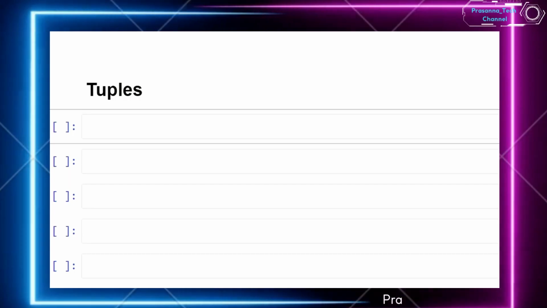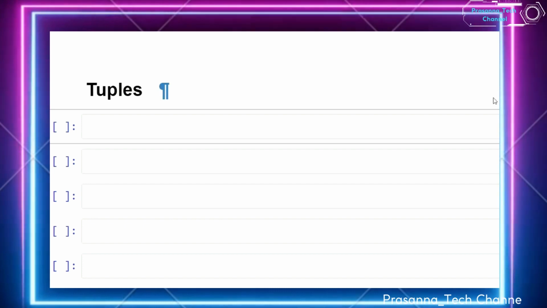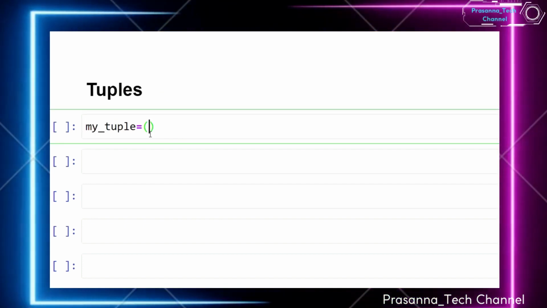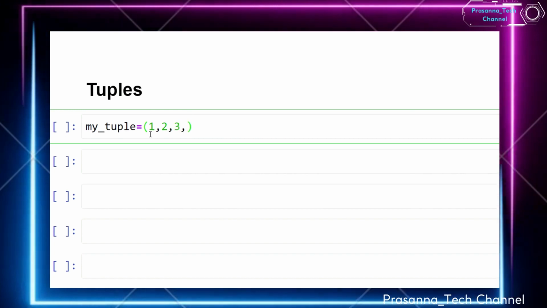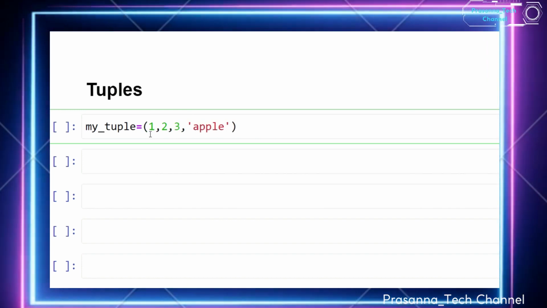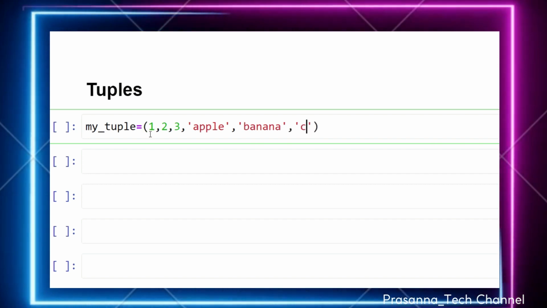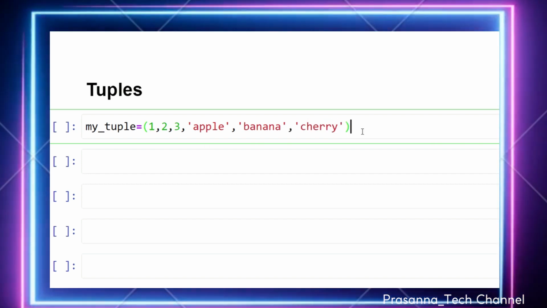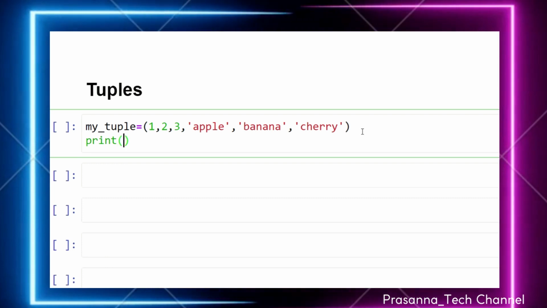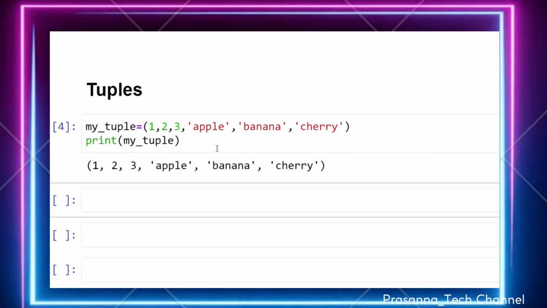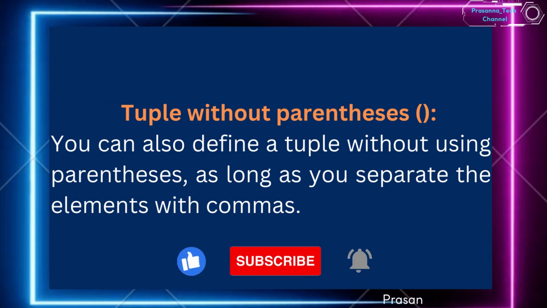Now let's take an example. my_tuple equals, in round brackets, 1, 2, 3, apple, banana, cherry. Print my_tuple. When I run the code now, it will print whatever I have added inside the tuple as the result.